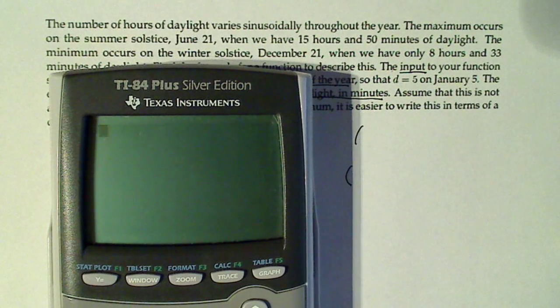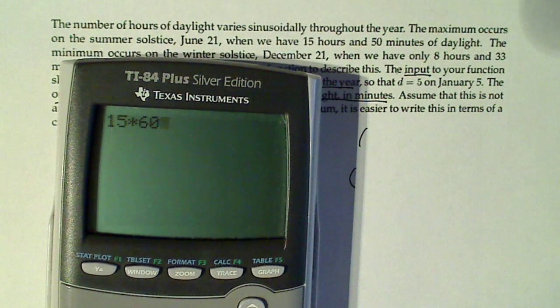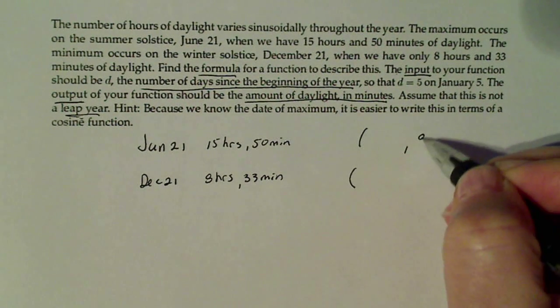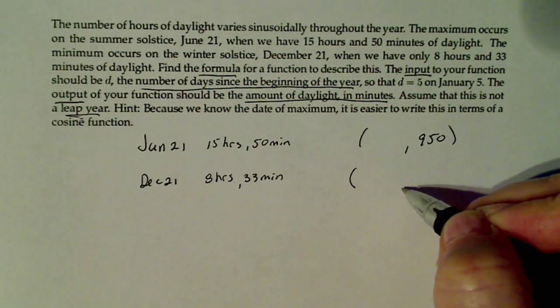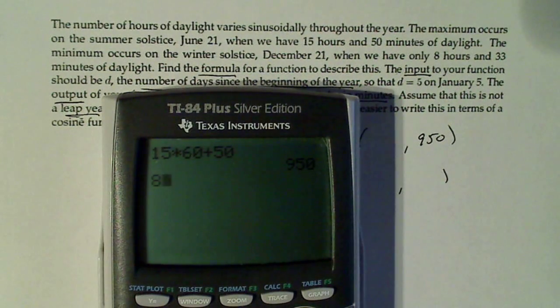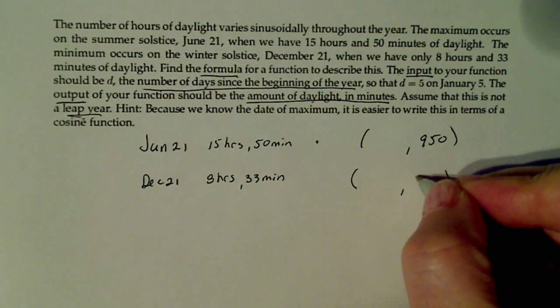So 15 times 60, and then I add 50 for the total number of minutes the sun is up in June, so that's 950. And then for 8 hours and 33 minutes, it's 8 times 60 plus 33 for the total number of minutes, 513.